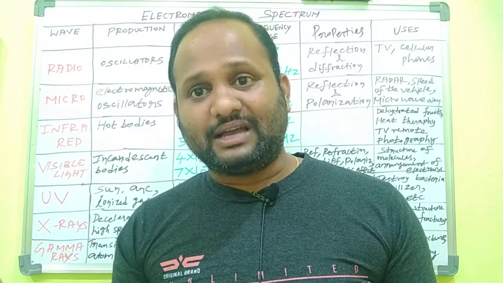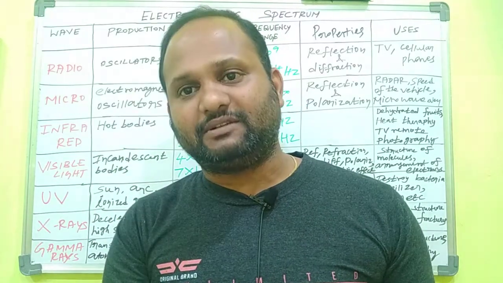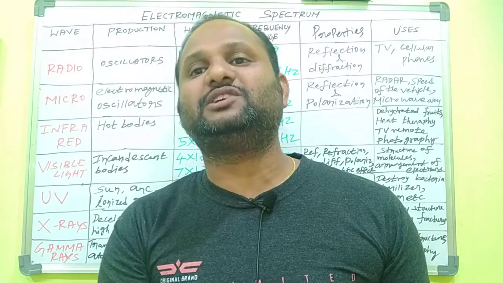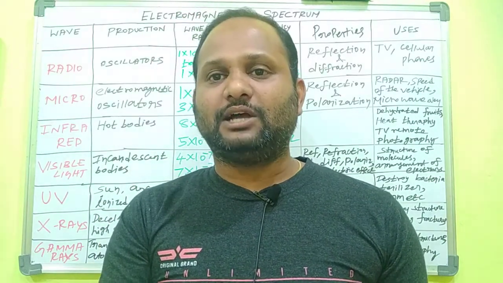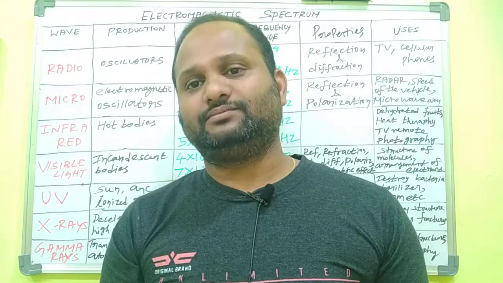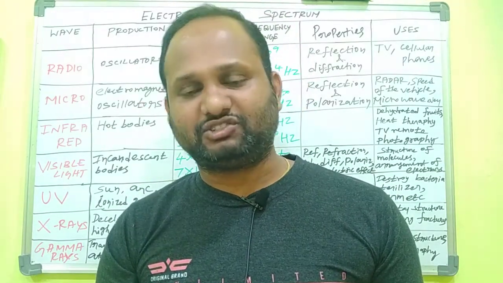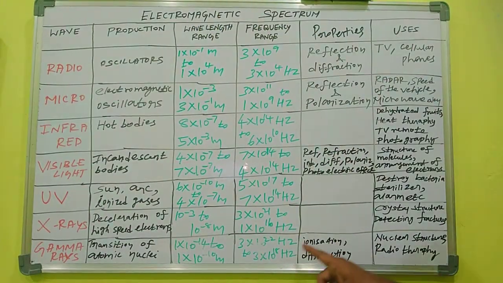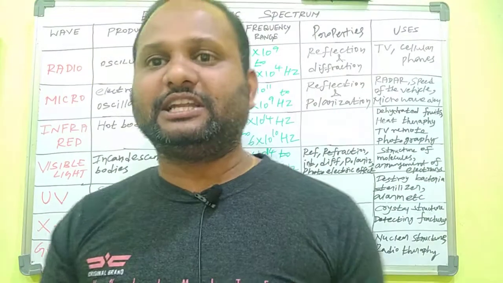Gamma rays also have very high penetrating power. That is the special character. These gamma rays can also ionize, but its ionization power is less and penetrating power is large.